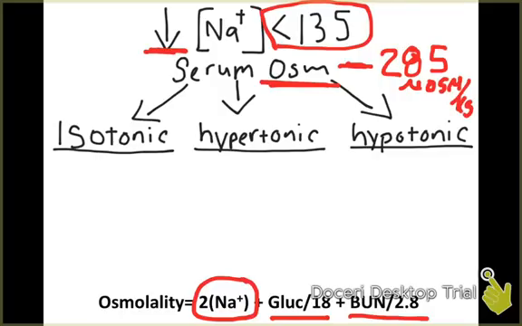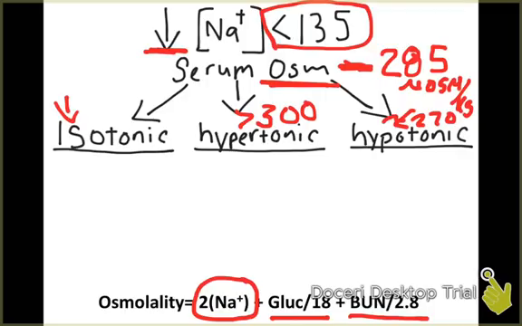Okay? So, if it's 285, then those patients are called isotonic. Okay? We usually say if it's greater than 300, they're hypertonic. And somewhere around 270 or less than 270, we'll say they're hypotonic. Okay?